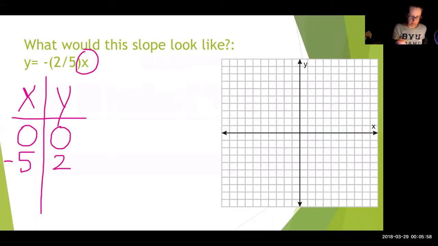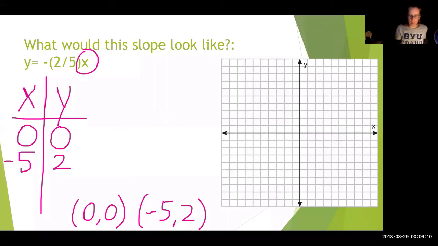There we go. Okay. So we have 2 points. We have 0, 0 and we have -5, 2. Now remember to label your X's and Y's so you don't forget which is which. So we're going to call this one X1, and we'll call this one Y1. It doesn't matter which one's 1 and which one's 2.